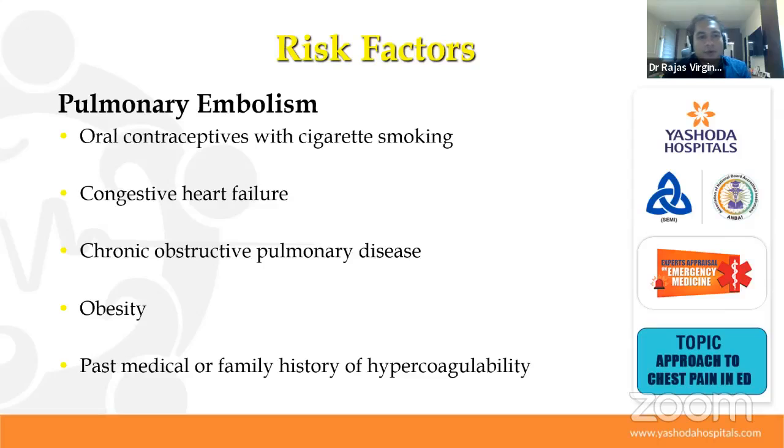So it's really important to ask about oral contraception and cigarette smoking, which puts them at a higher risk of developing a PE. And obviously genetic procoagulant states, like protein C and S deficiency and factor V Leiden. All these are conditions which can promote hypercoagulable states in patients.